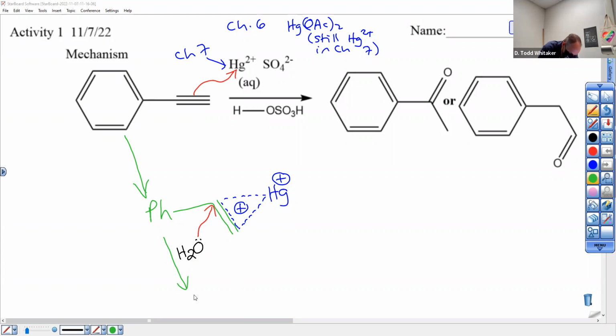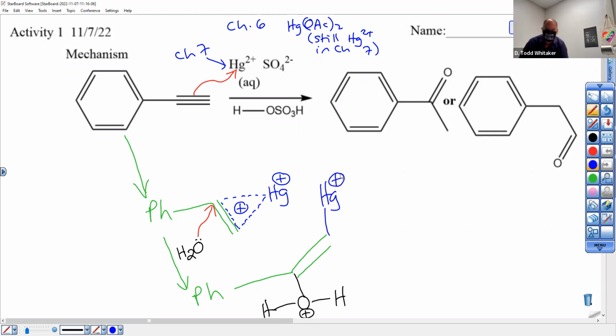So we have phenyl going to C, double bond C. I'm going to draw it here so I can draw the water from underneath. And the mercury is still on top, but it's got a real bond now. The partial triangle electrons, all of them are now here in this one sigma bond.